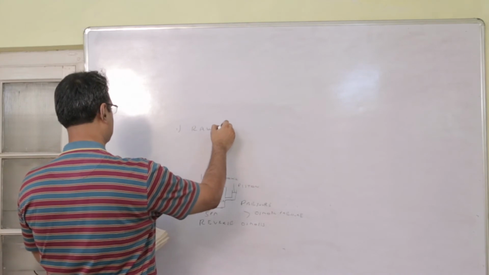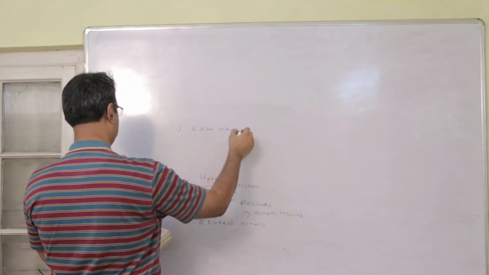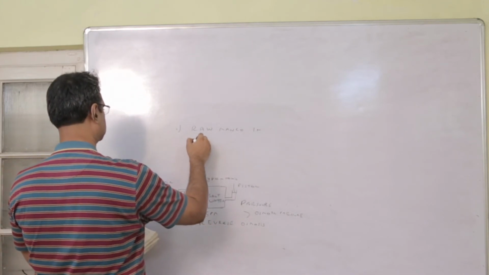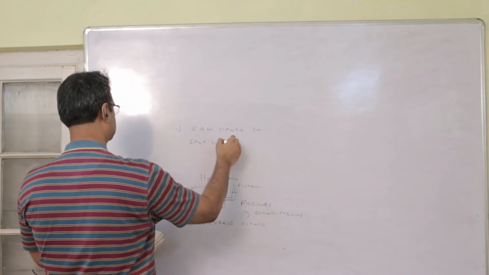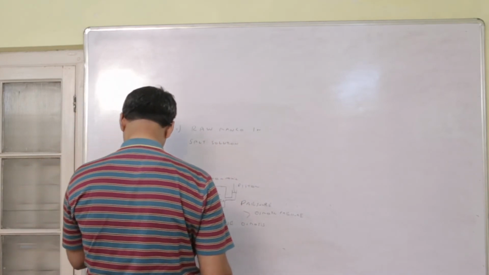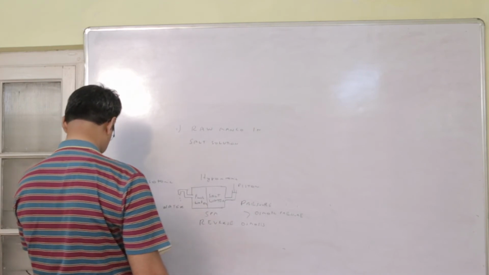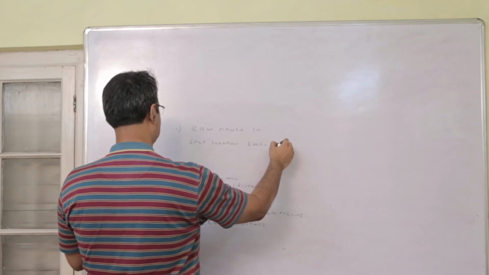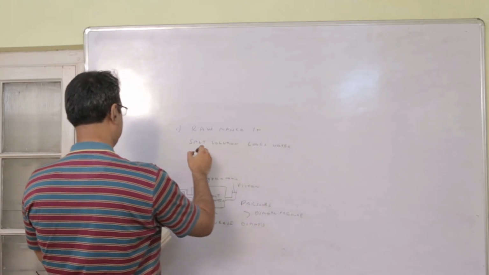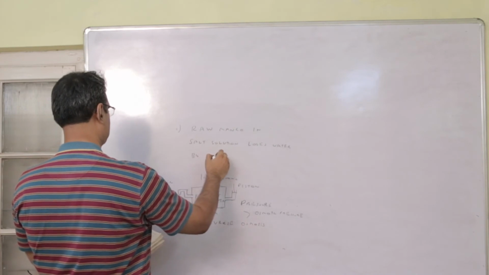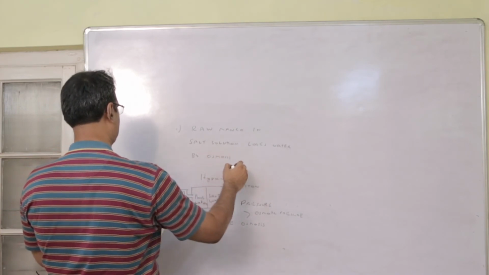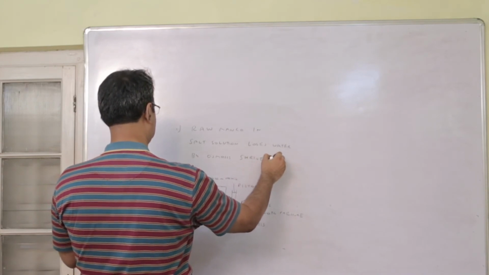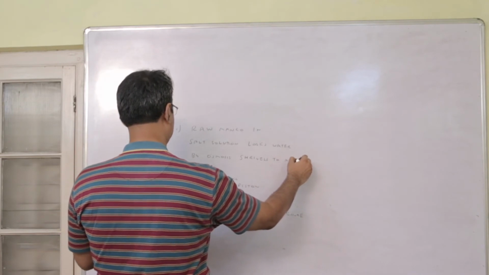Suppose you take a raw mango in salt solution, it loses water by osmosis and ultimately shrivels to become a pickle.